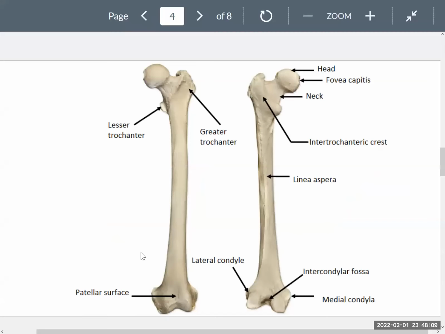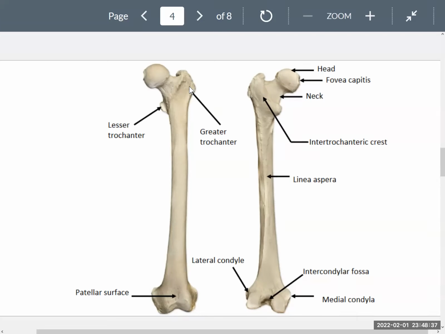Here's that femur, the head, the neck makes things easy. Let's look at this side: head, neck, and then we have the greater trochanter, which is lateral.